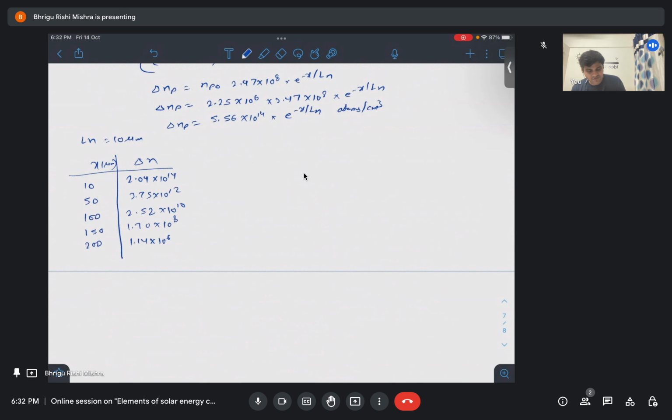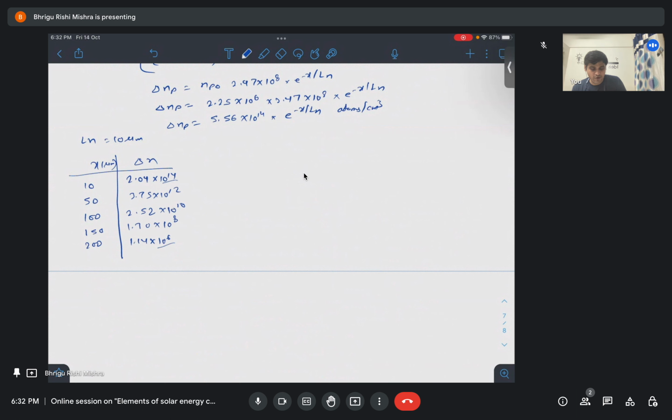So these are the values. Now if you see, the difference is very large: 6, 8, 10, 12, 14. As x is increasing, the change in carrier concentration of electrons is decreasing. At 10 micron it has the order of 10 to the power 14, but at 200 micron it reduces to 10 to the power 6. So 8 orders of difference.